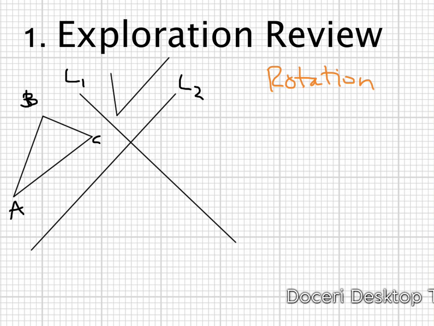So we get something similar to this. For the sake of room, I'm going to draw mine a little skewed. So we get the following image, and then I had you reflect again, only this time I had you reflect over line 2. So you get something that looks like this.